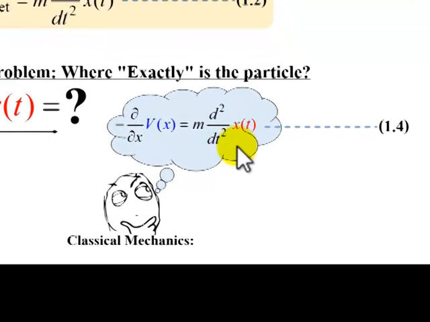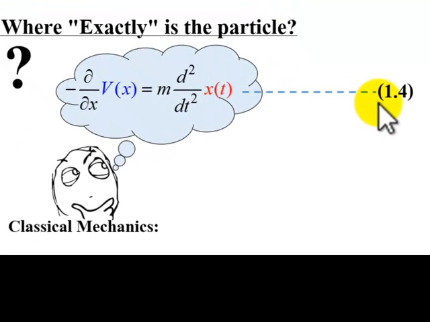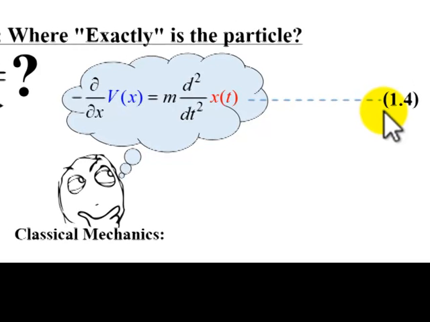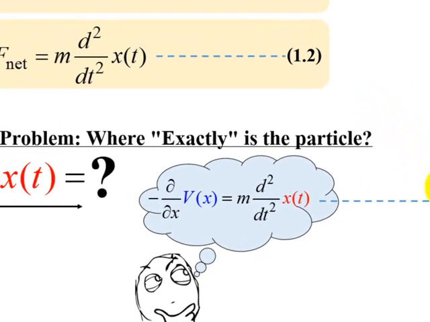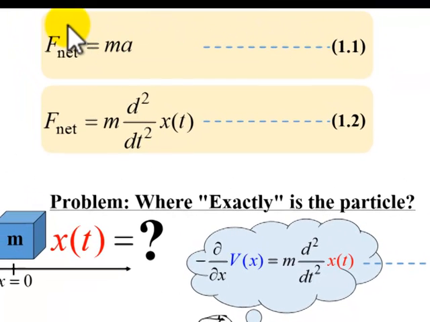In essence, equation 1.4 is the same equation as Newton's second law of motion. But instead of using the concept of force and acceleration that the students are familiar with, we use the terms potential energy V and the position x.